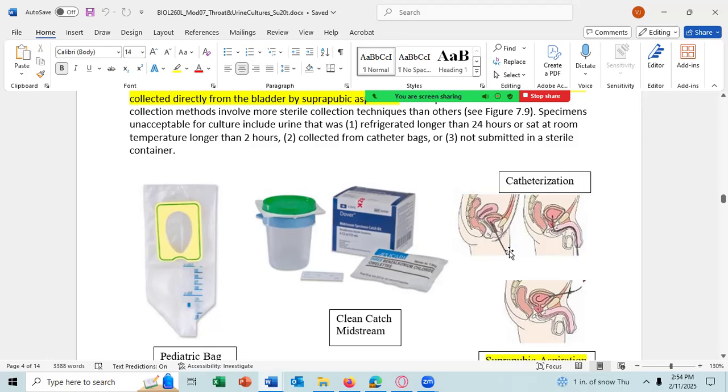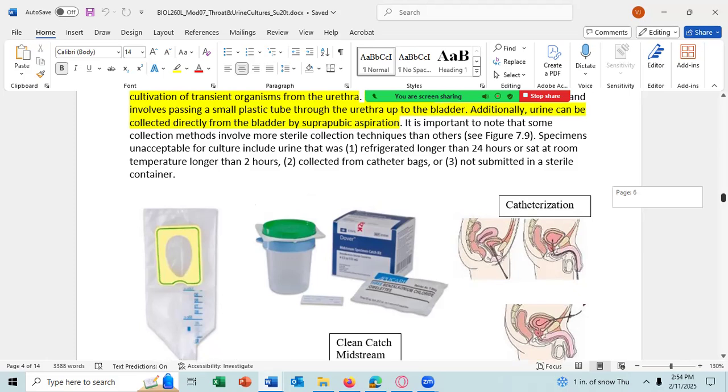And so you can pick up bacteria from the urethra, even when you put the catheter in the bladder. But it is cleaner than the clean catch midstream method.